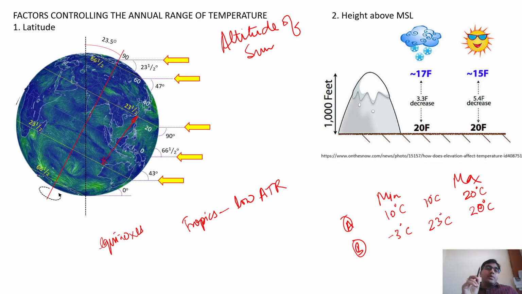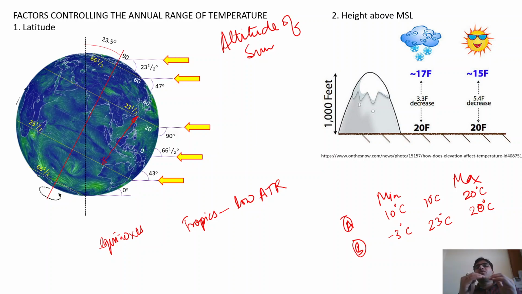Now, we all know that the poles have day and night of 6 months each. 6 months of day, 6 months of night. So if we go by this logic, then the poles should have the maximum annual temperature range. But two factors do not let this happen. The first factor is that the altitude of the sun at the poles is very low.